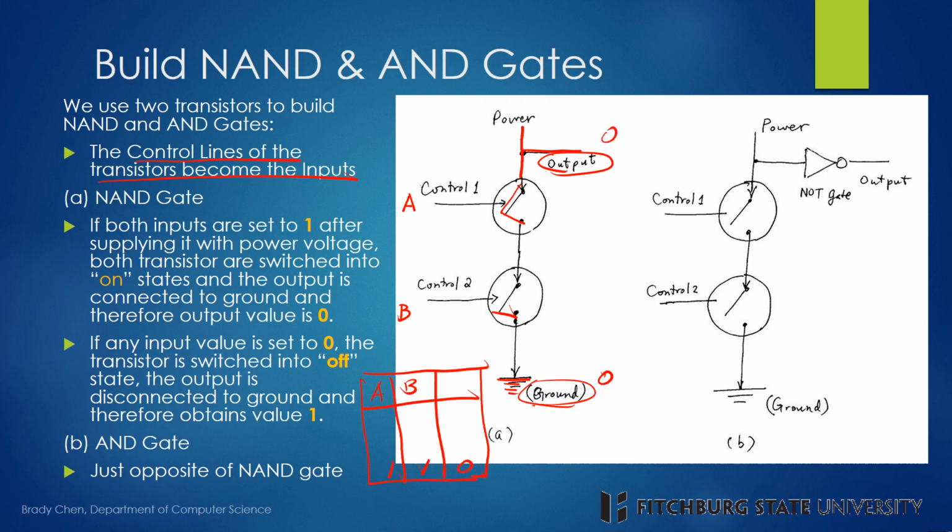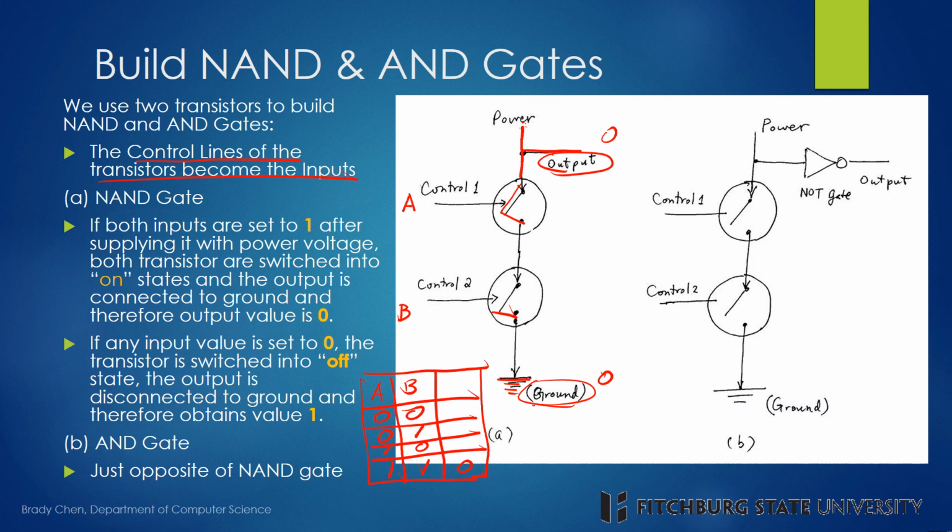Now, in any other case, either both control lines are set to 0, or one is 0 and the other is 1, at least one of the transistors is switched off. So the power source will not be connected to the ground.